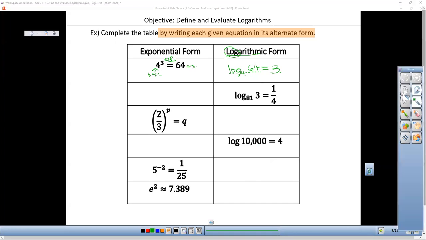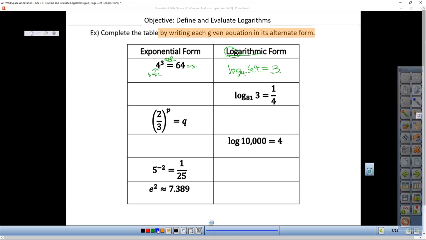All right, so in this next example, we are given logarithmic form. So again, what we're going to do is identify the 3 parts. So what are logarithms equal to? Logarithms are equal to the exponent. So that makes the 1/4 our exponent. Remember that the subscript is your base.